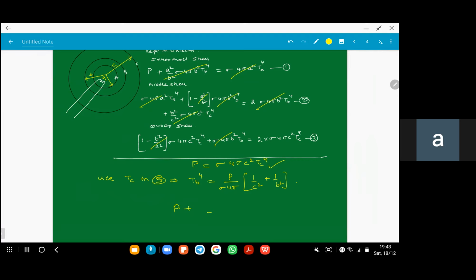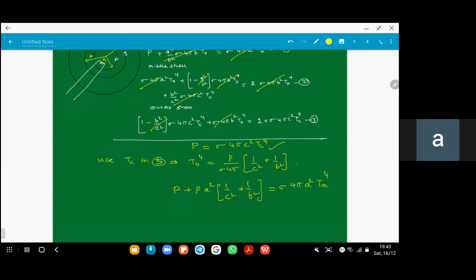Sigma 4 pi TB power 4 is simply P times A square into 1 by C square plus 1 by B square is equal to what we have, sigma 4 pi A square TA power 4. So with this you will get TA power 4 here, right? So likewise you will get TA power 4.